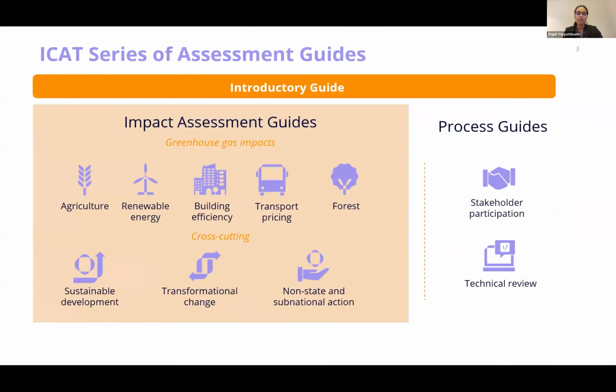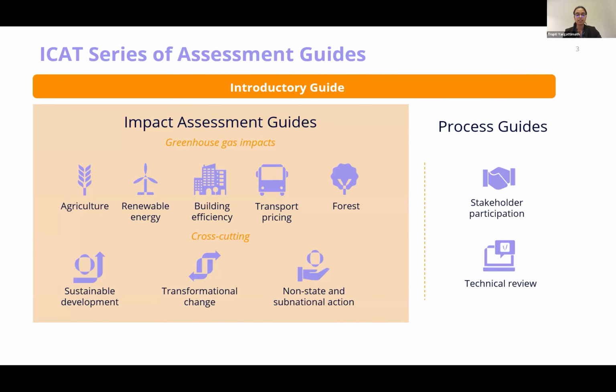ICAT has developed a comprehensive set of methodologies to help countries assess the impacts of their climate policies and actions. And here we have the list of ICAT series of assessment guides, as Henning was just describing, and these show us how they are organized. So the series includes GHG impact assessment guides, which support the assessment of GHG impacts of policies and actions in various sectors, such as agriculture, renewable energy, buildings, transport, forest.